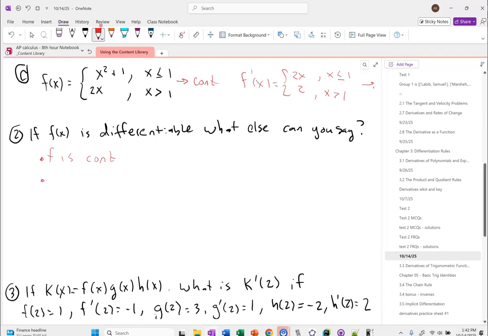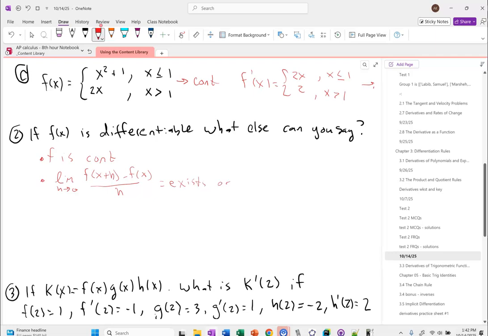And how do we write that a derivative exists? What's the definition of a derivative? The limit as h approaches 0 of f of x plus h minus f of x all over h exists.